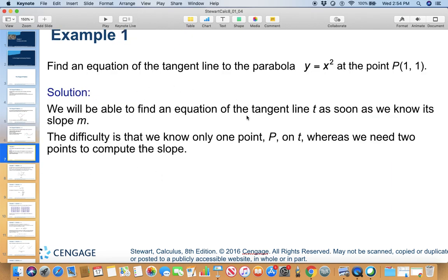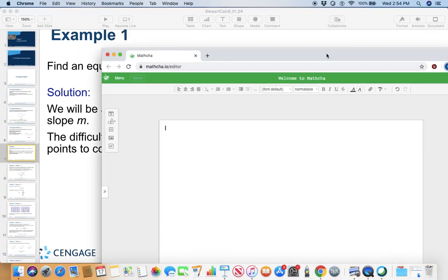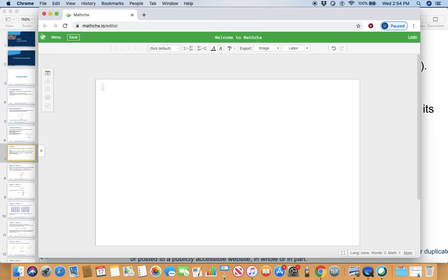Now, we want to understand how to find the equation of a tangent line to any curve at a given point. If you remember from your earlier classes, the equation of any line can be written down if you know the point and you know the slope. So what is the equation of a line? There are several forms. One is slope intercept form.